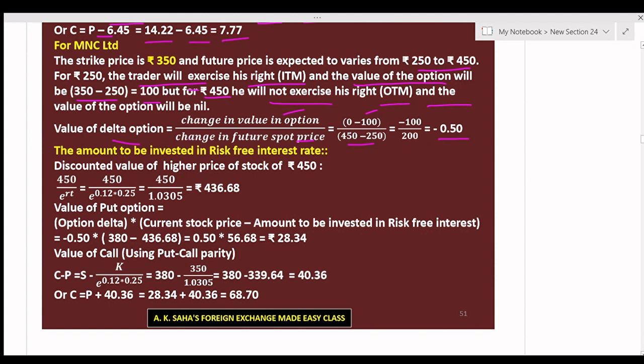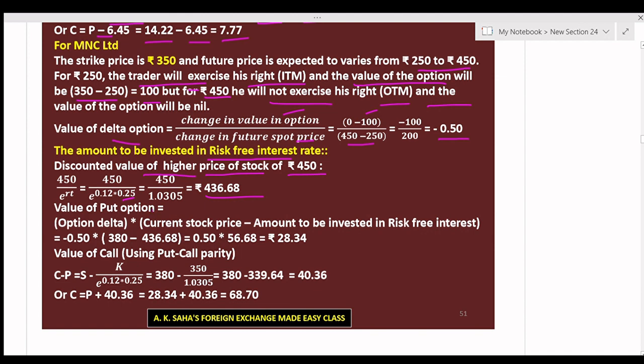The amount to be invested in risk-free interest rate is the discounted value of the higher price of stock, rupees 450. Now present value will be 450 by e to the power RT, that is equal to 450 divided by e to the power 0.12 into 0.25, which is equal to rupees 436.68.